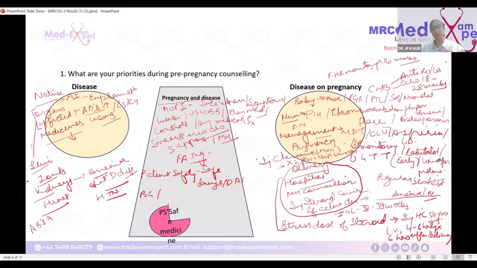I will ask about her menstrual cycle, and I will also check with the support, because chronic diseases can affect the mental health. She will be requiring extra support if she conceives. Folic acid will be started because she is planning. Contraception will be asked. She will be advised till the time she is not optimized.